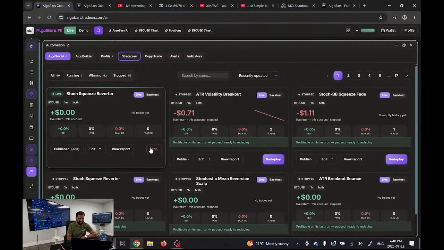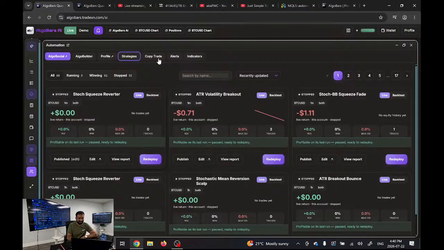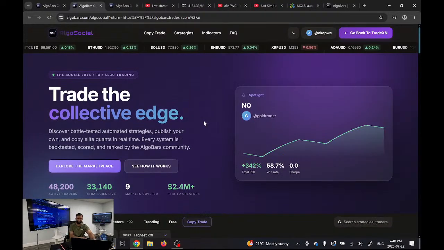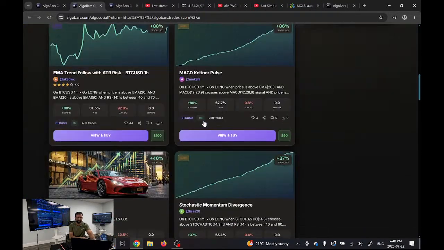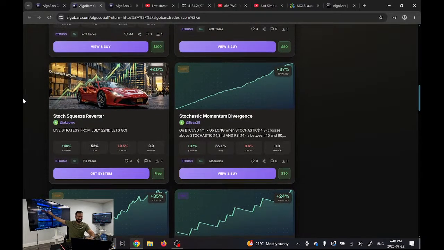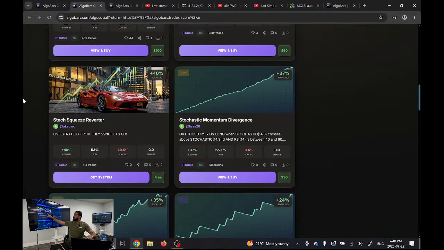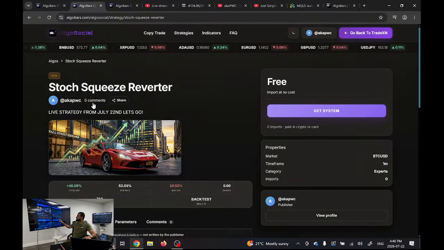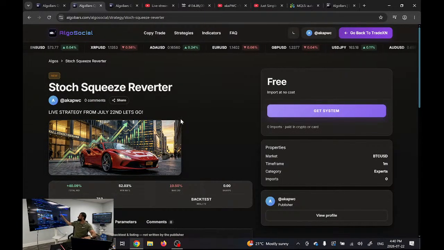All right, and let me just stop this because there's no reason. Let's go to Algo Social and I'll show you guys. On the left side here, when you click this purple button, it takes you to Algo Social. There's the strategy that I just published. You can go right here and click Get System, import at no cost.